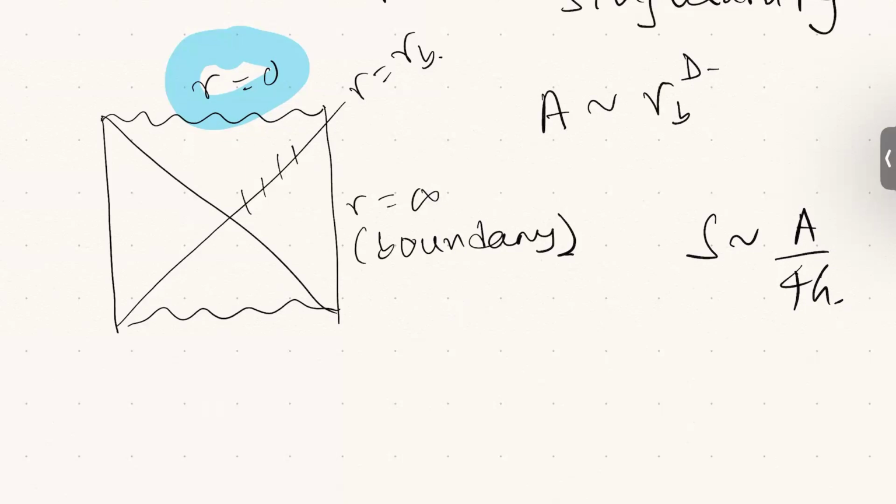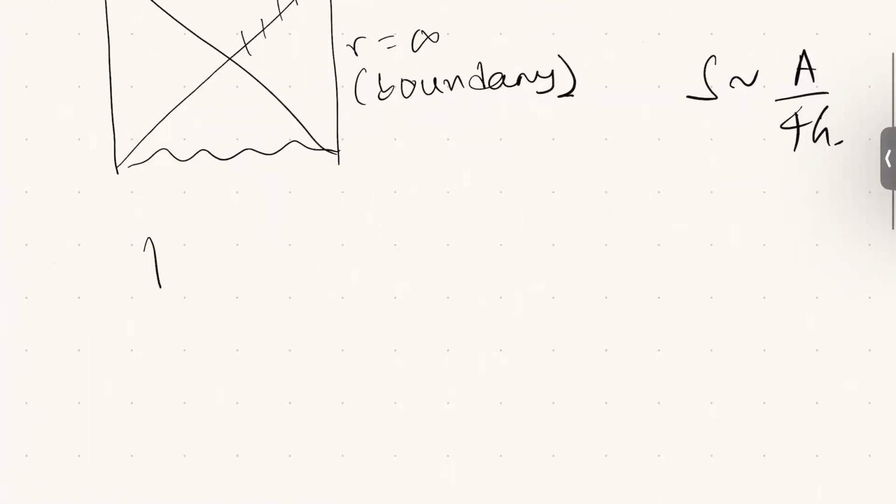So Ashok Sen and many other people back in the 90s found out that string theory is not actually just a theory of strings. It has some higher-dimensional objects inside it, which are called D-branes.